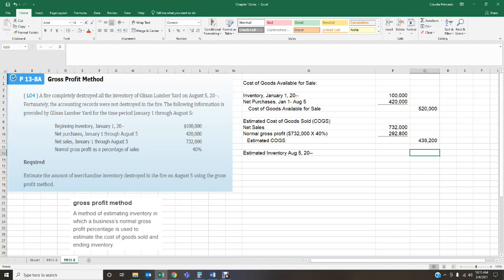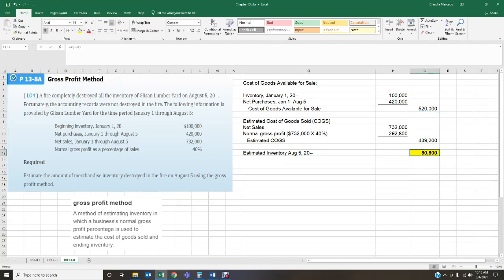My estimated cost of goods sold were $439,200. So that means that my estimated inventory as of August the 5th is going to be the 520 minus the 439,200. That means my estimated inventory that burned down was 80,800.